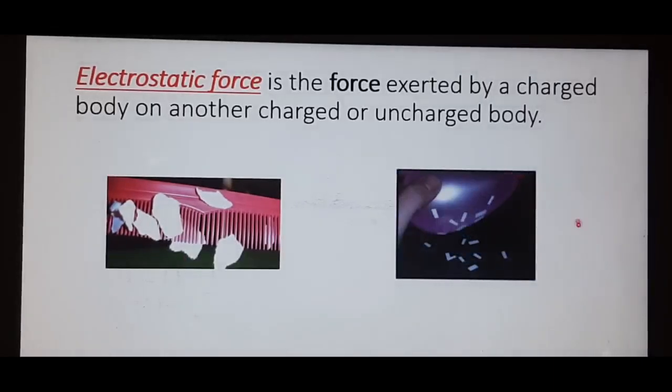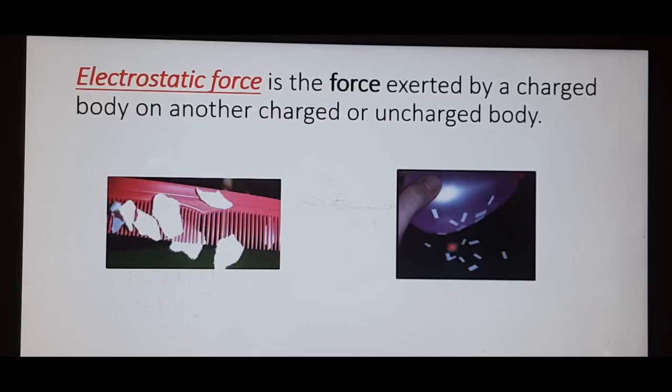Same activity if you perform with a balloon also. If you rub a balloon with your hair, you can see it will become a charged object. It will start attracting bits of paper, because now there exist electrostatic forces of attraction. See, direct touch is not involved.